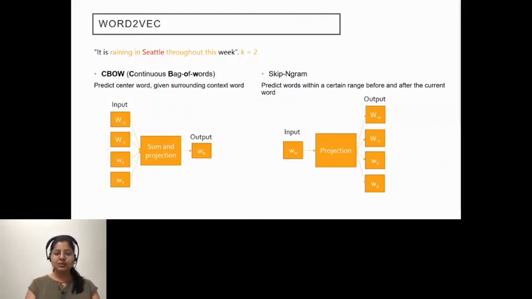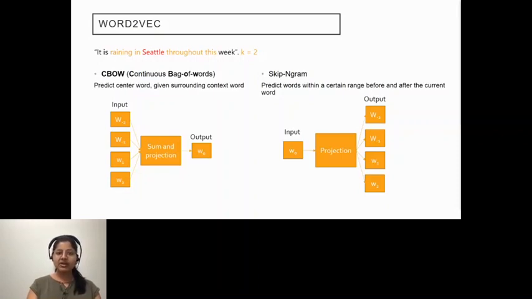These indexes -2, -1 are relative to a particular word within the sentence. Let's say your sentence is this, where in the CBOW model you are trying to predict the probability of this word, which is Seattle. Can you predict Seattle given raining in and throughout this?